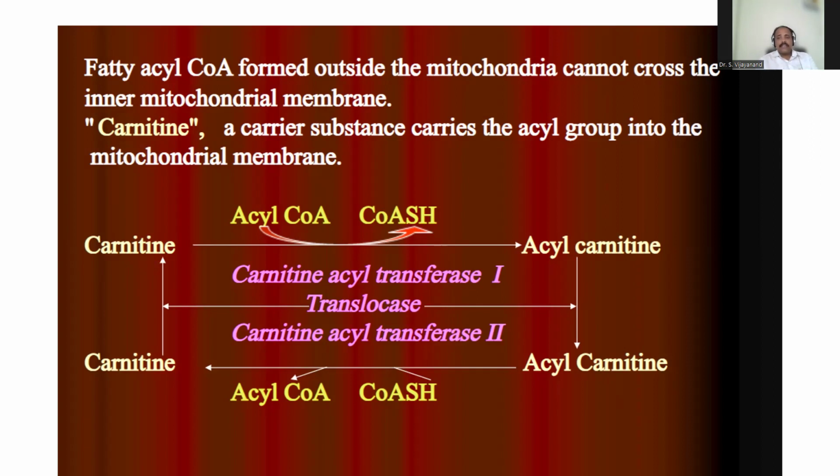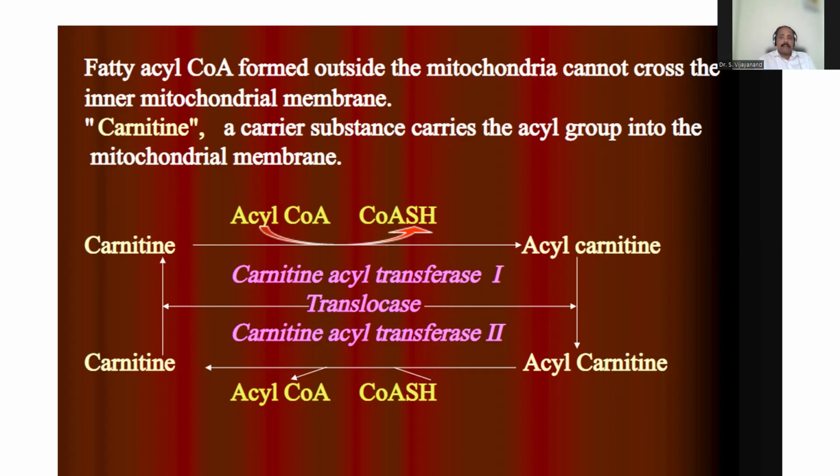Once the fatty acid is activated, that is, converted to acyl CoA, this acyl CoA binds with carnitine and results in the formation of acyl carnitine. Then this acyl carnitine is able to penetrate the mitochondrial membrane so that it reaches the inner mitochondrial membrane, and then it is converted back to carnitine.